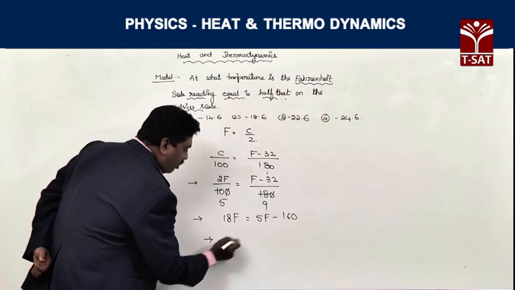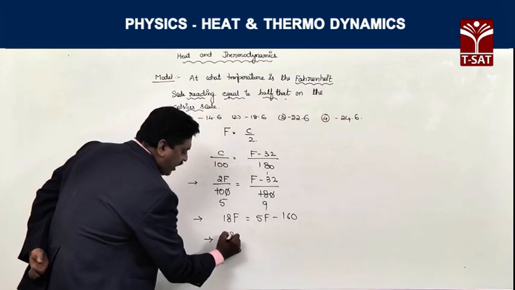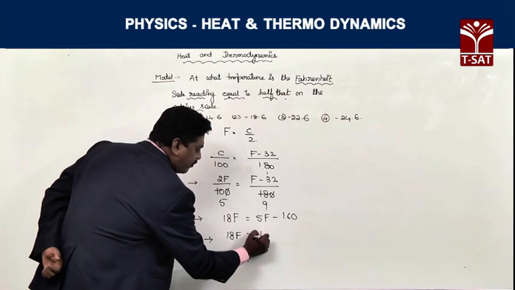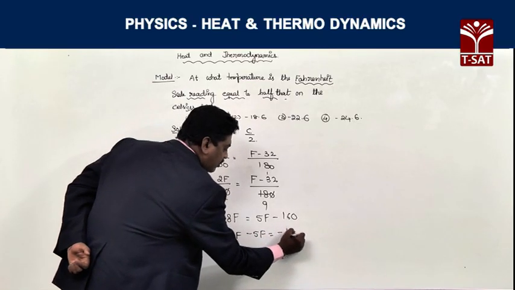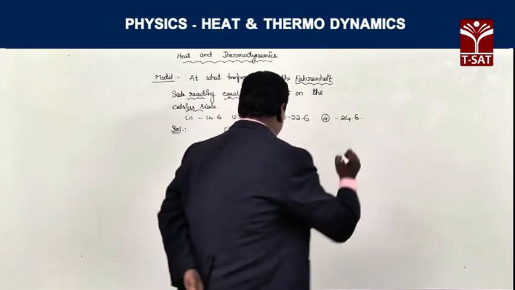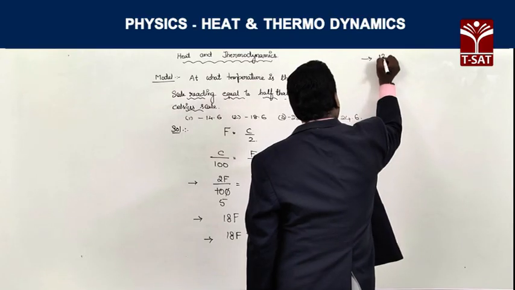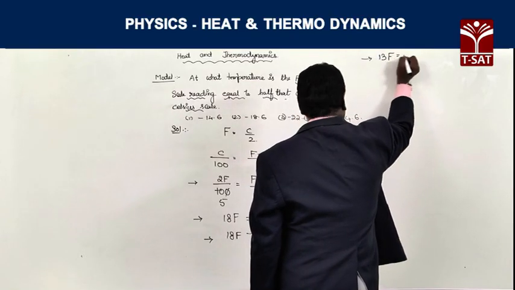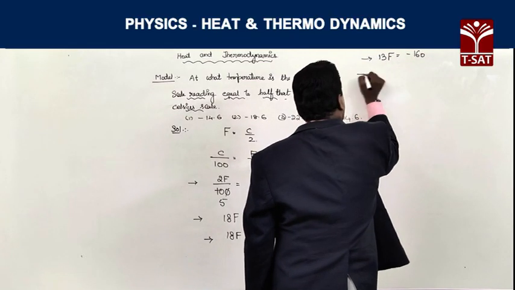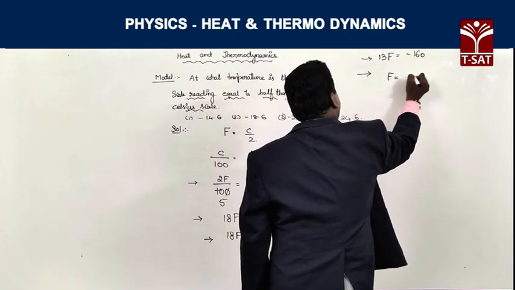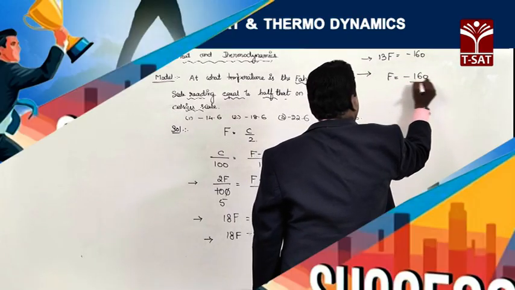Bringing the 5F to this side, 18F minus 5F is equal to minus 160, so we have 13F equal to minus 160 and F is equal to minus 160 by 13.